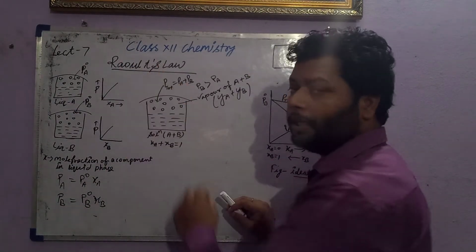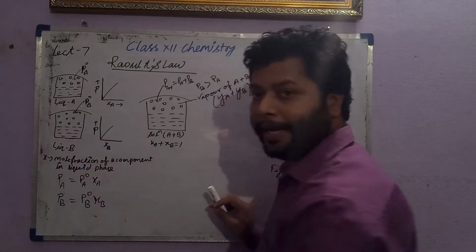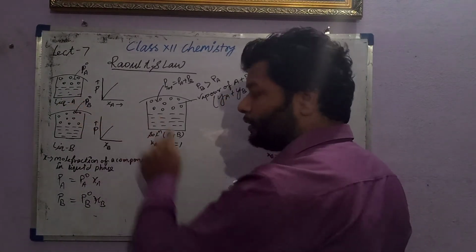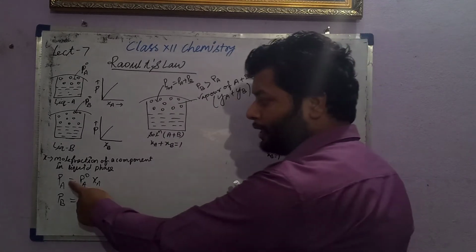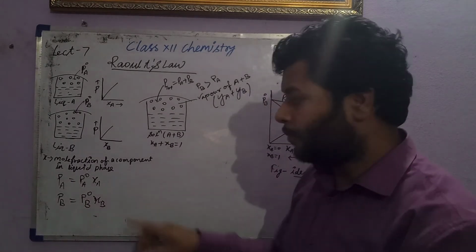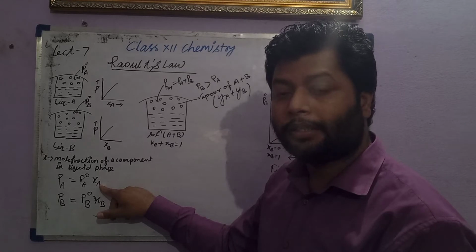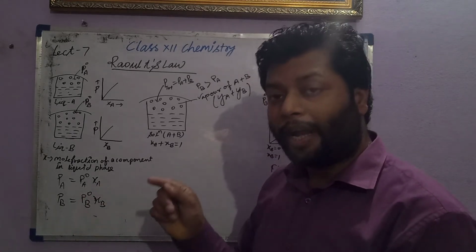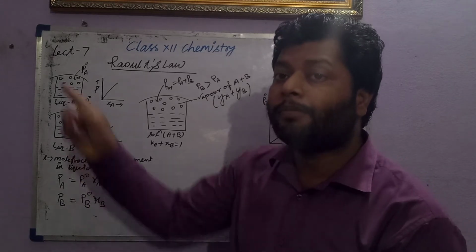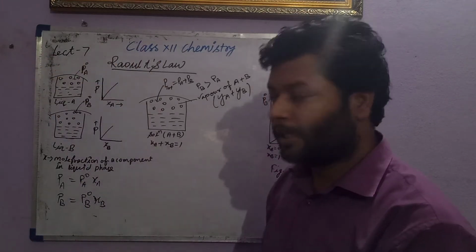According to Raoult's law, when two different liquid components are mixed together, the partial pressure of any component is the product of the mole fraction of the same component and the vapor pressure of the same component in a free state or pure state. That is called P naught A.